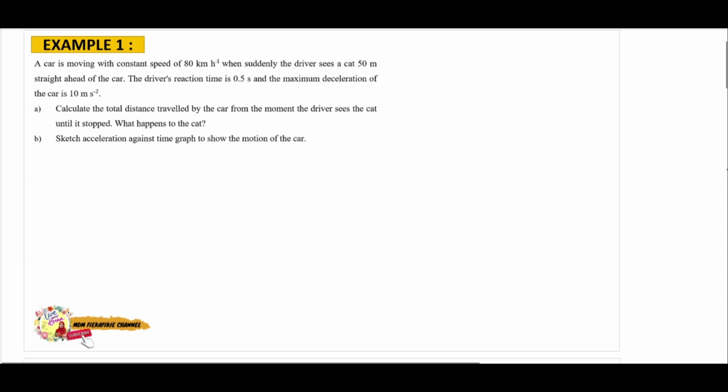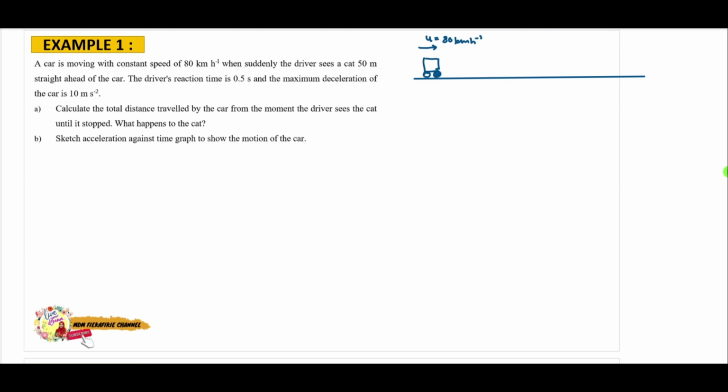Okay, so for example, we have a car on the road here. Let's say this is the car. Initially the car is moving in this direction. Let's say U is equal to 80 km per hour. So let's change to meter per second.